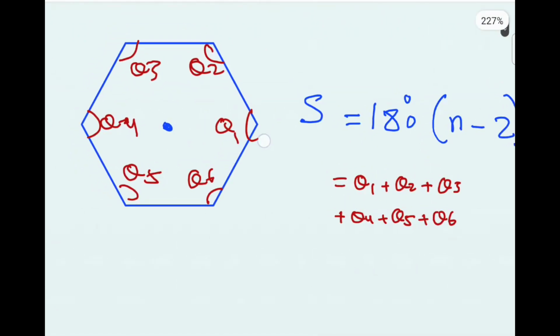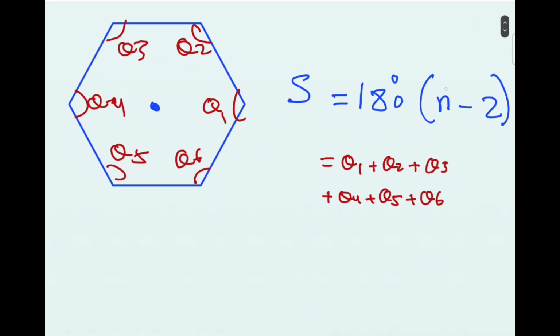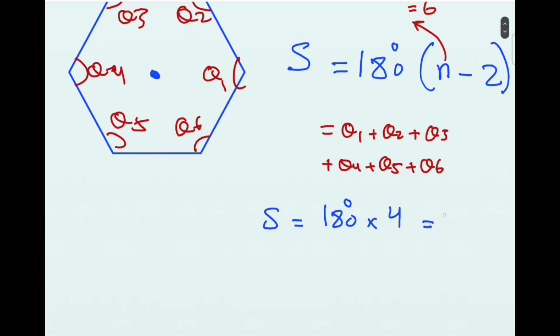And we know that n is equal to 6 sides, so in this case S is simply 180 degrees multiplied by 6 minus 2, which is 4, and this is equal to 720 degrees.